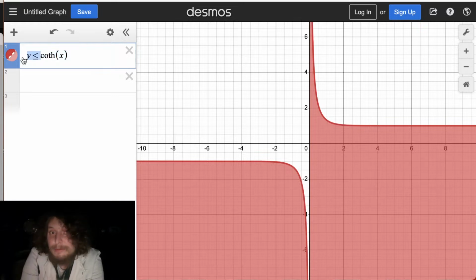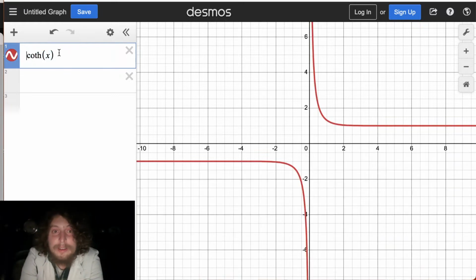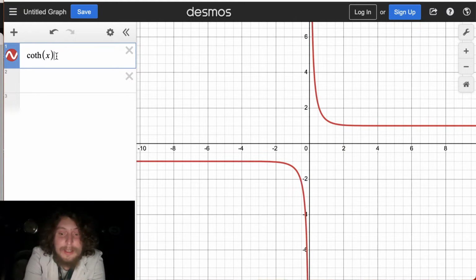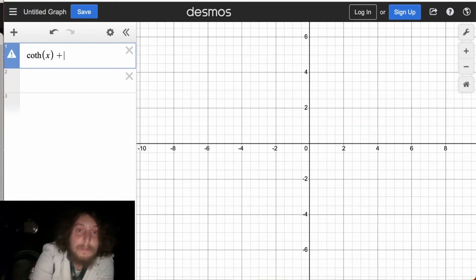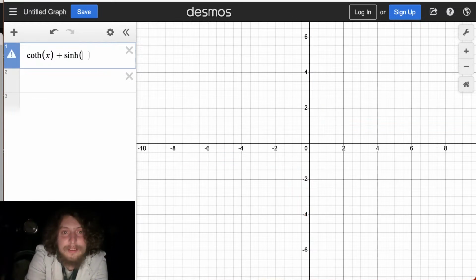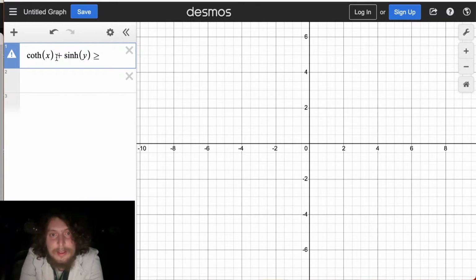Now, what happens when we start doing more interesting things with these? Well, what happens, for example, if I take the sum of one of them for x, one of them for y, and I make that, we'll say, greater than or equal to some value.